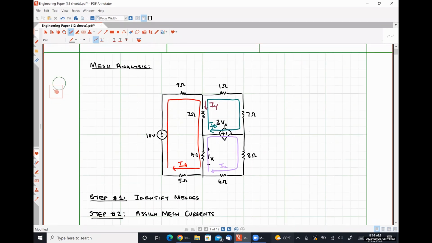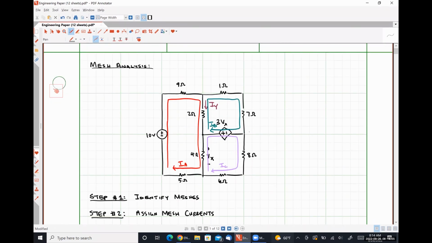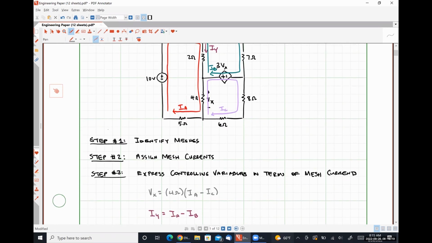The next thing I see is the 2 ohm resistor. There are 2 mesh currents flowing through it. IA is flowing down, IB is flowing up. Since I'm writing my KVL equation for mesh A, IA should get the positive sign, and because IB is in the opposite direction, it gets the negative sign, which is exactly what we saw when expressing our controlling variables in terms of mesh currents.